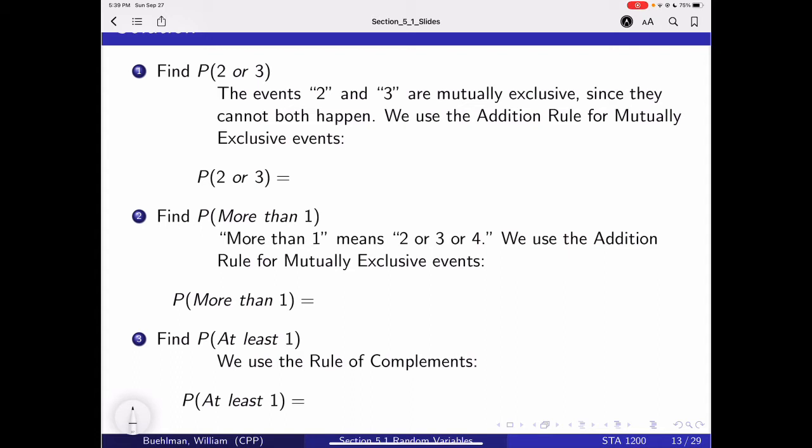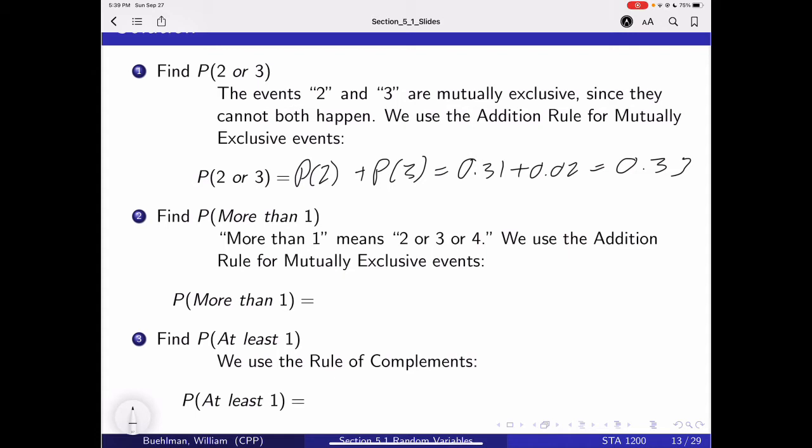The probability of 2 or 3 is equal to the probability of 2 plus the probability of 3, which is equal to 0.31 plus 0.02, which is equal to 0.33. So the probability that 2 or 3 miss their appointment is 0.33.